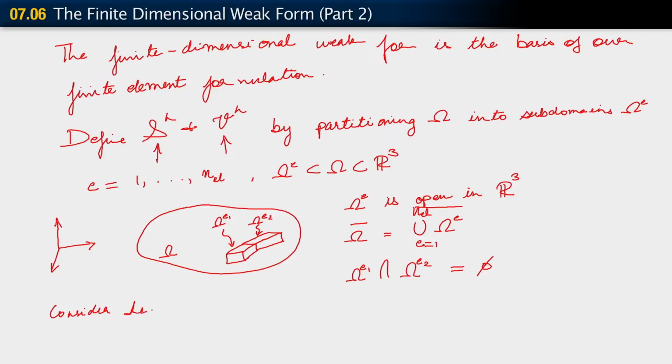Okay, so consider hexahedral element subdomains omega e, e going from 1 to NEL.